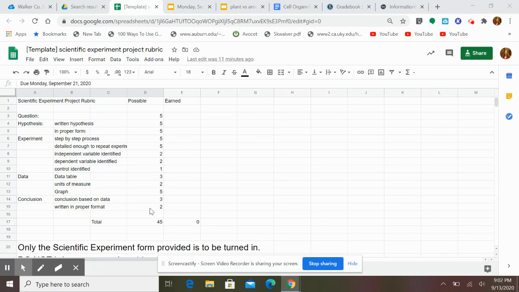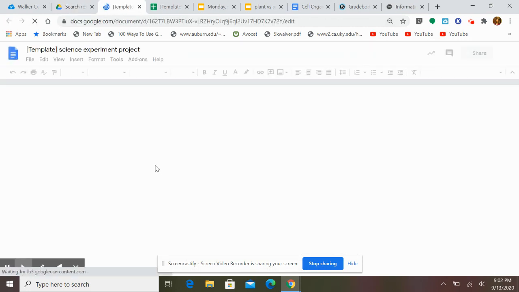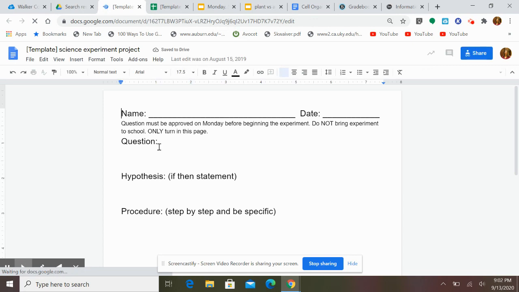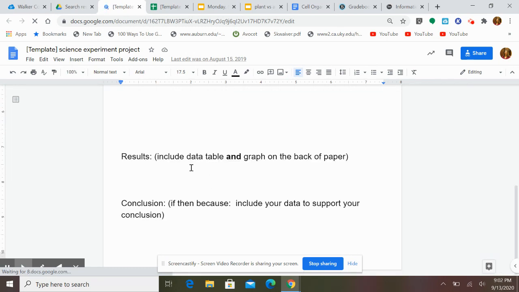You are not going to be actually submitting your experiment. There is another form that you are going to be submitting. This form right here, where you will type your question, type your hypothesis, type your procedure. In your results, you must include both your data table and your graph.